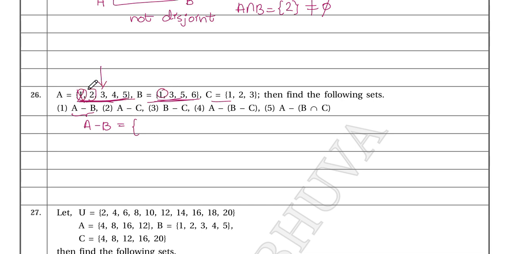Cancel out. Then 2 is here, 2 is not there in B, so write it down. Then 3 is there, in this set also it is there, so cancel out. Here 4 is there, and 4 is not in set B, so write it down. 5 is there in set B, so we don't have to write it down. So A minus B is {2, 4}.